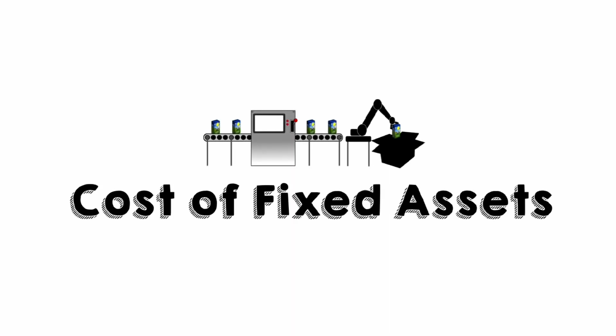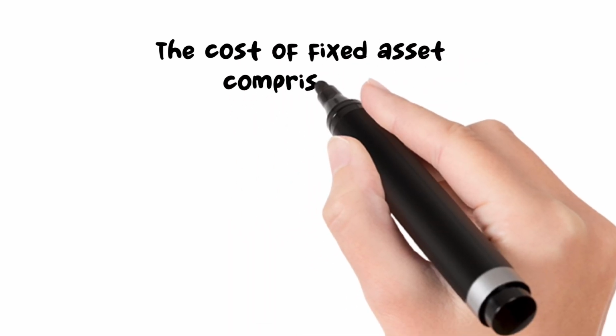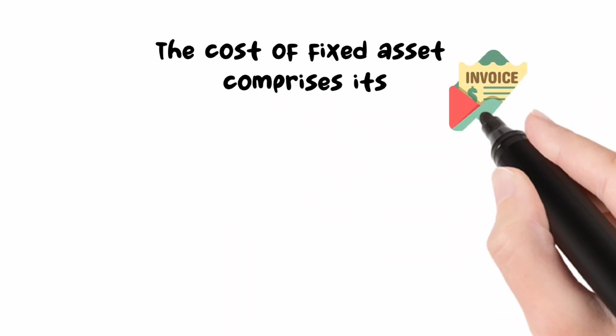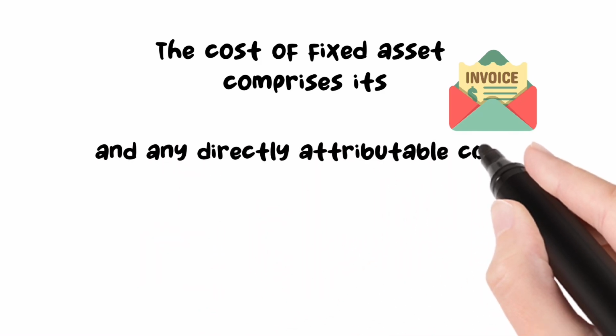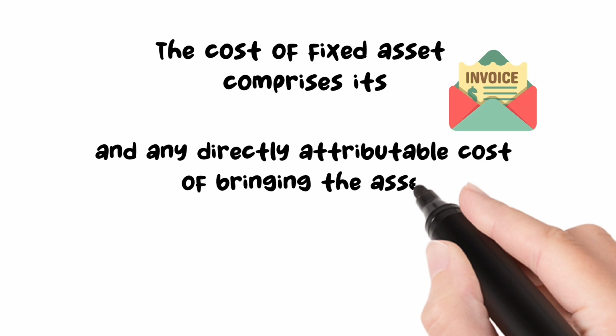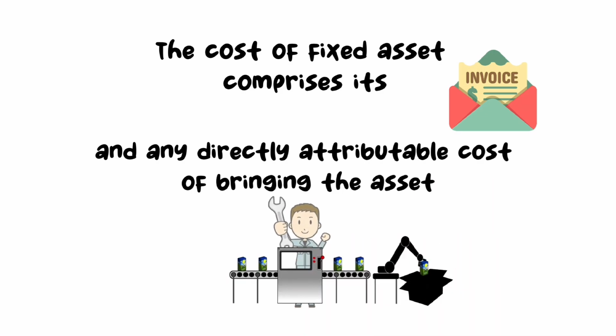Cost of fixed assets. The cost of a fixed asset comprises its purchase price and any directly attributable cost of bringing the asset to its working condition for its intended use.